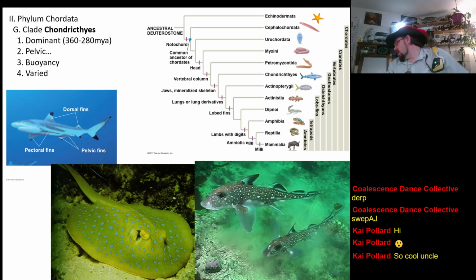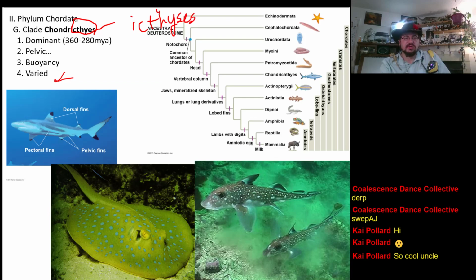So speaking of sharks, let's talk about sharks. Clade chondrichthyes. If you see ichthyes, you are talking about fish. Okay, so ichthyes. Fish. Probably not a huge realization for you.